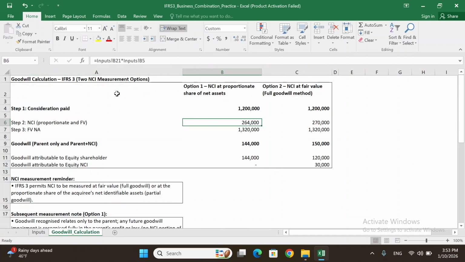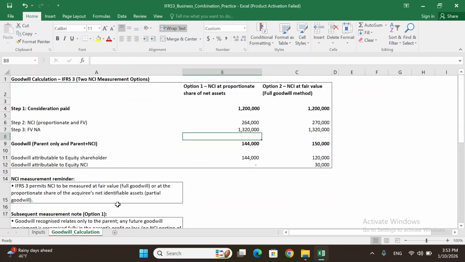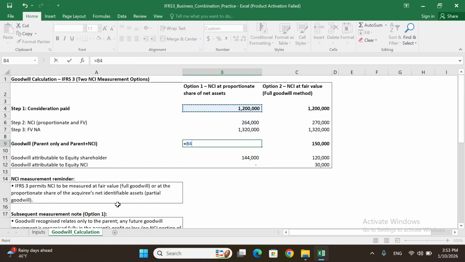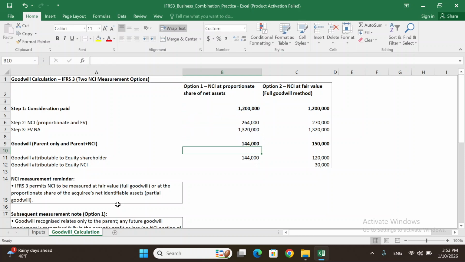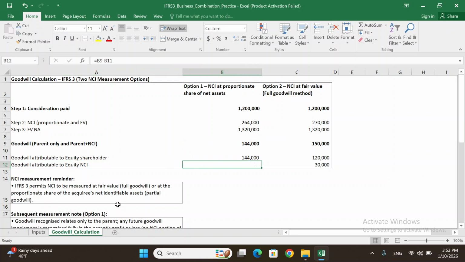This is the NCI, and our fair value of the net assets is this one, total fair value. Calculation of the goodwill, we are summing consideration paid plus NCI and minus net assets. And total goodwill is attributable to only equity shareholders, not attributable to NCI in this option.